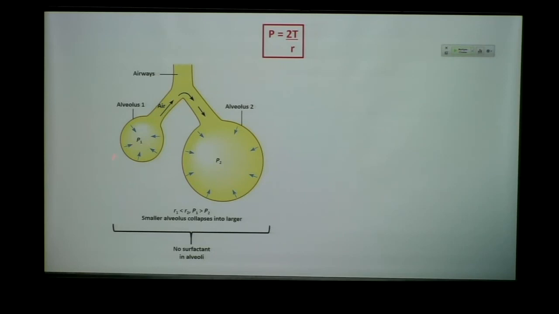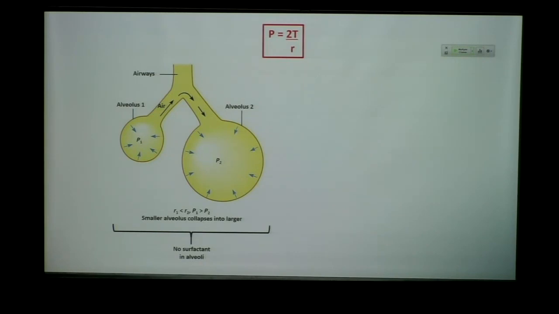And so that's a gradient, right? That's a gradient from high pressure to low pressure, and that's not what we want. That is going to cause the air here to move into this larger alveolus, okay? And so that small alveolus, alveolus 1, will actually collapse down into alveolus 2, which is the bigger alveolus where there's that smaller pressure.